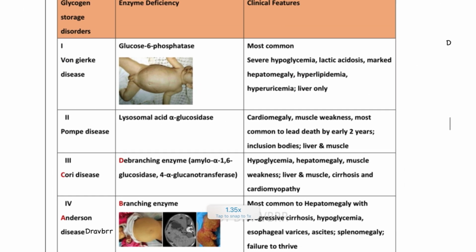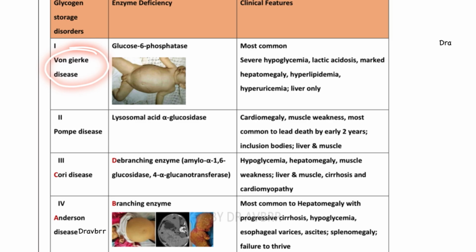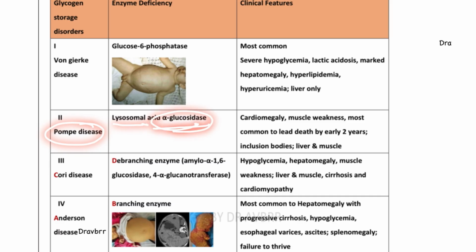Next, by the features, overall the most common is von Gierke, with severe hepatomegaly, lactic acidosis, hyperlipidemia, and hyperuricemia seen in this patient. Pompe's disease is actually a lysosomal disease, not completely glycogen. Acid maltase, or alpha glucosidase, is the deficient enzyme.